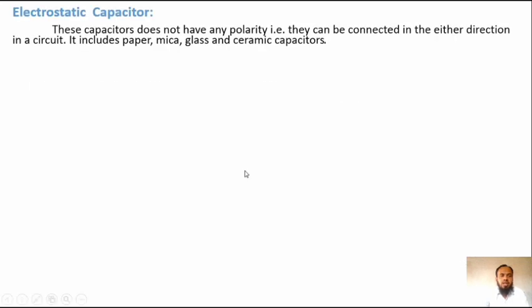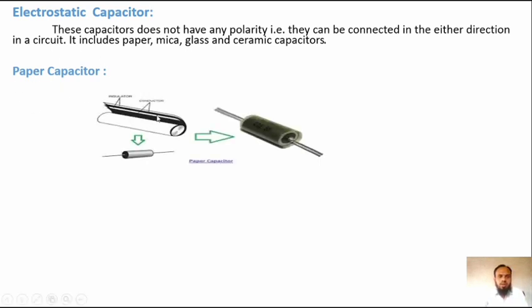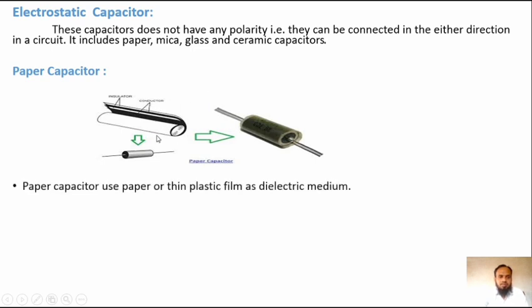Then the electrostatic capacitor. This capacitor does not have any polarity. That is, it can be connected in a circuit in either direction. It includes paper, mica, glass, and ceramic capacitors. Firstly we see the paper capacitor. It looks like this. Here is the paper capacitor. Paper capacitors use paper or thin plastic film as the dielectric medium.